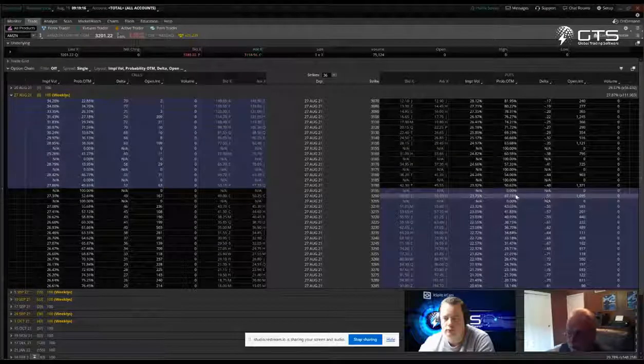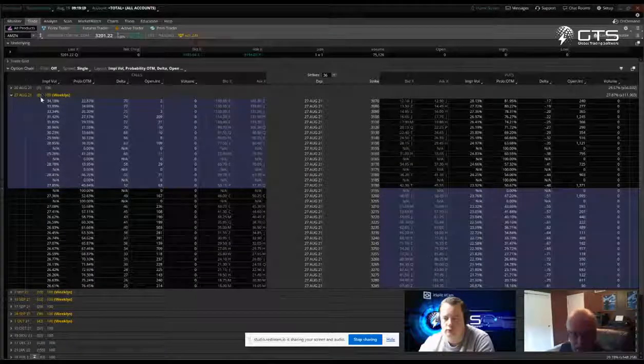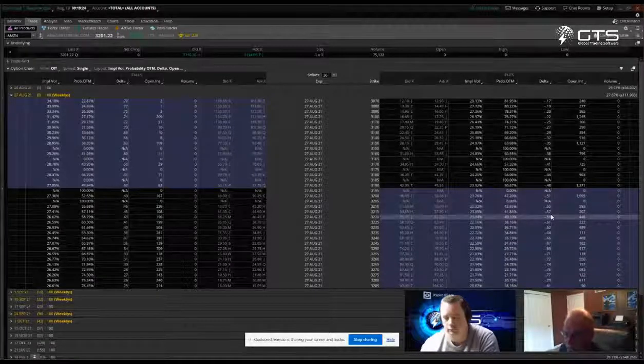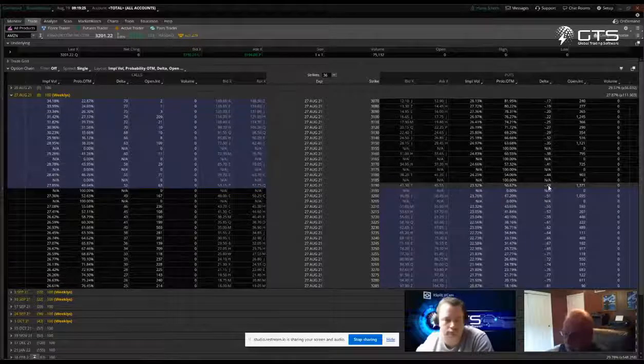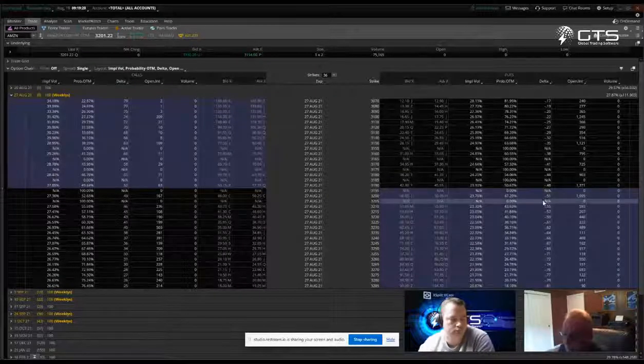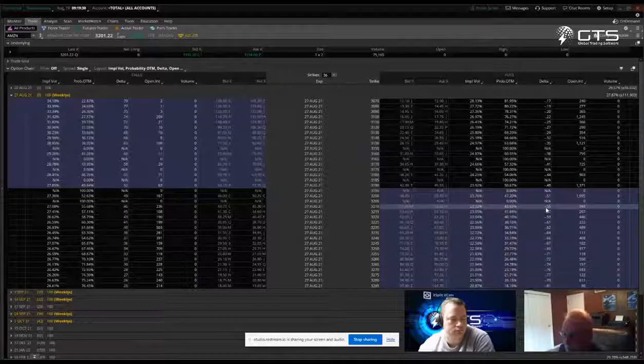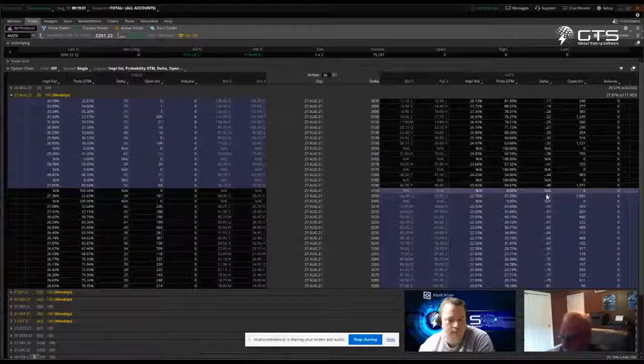On my day trades, when I'm using the week-out expiration date, I will trade in the upper 40s to no more than a 55, but usually closer to 50.